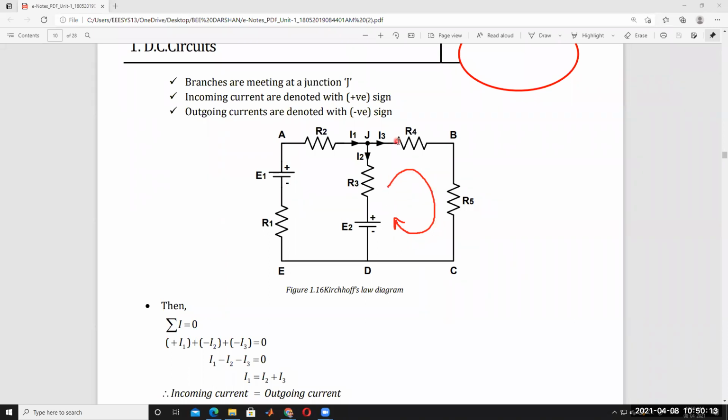So here the current direction and this loop current direction are both the same. That's why minus I3 into R4. And this circuit current direction and this current direction are the same sign. That's why minus I3 into R5. Understand? Minus I3 into R4, minus I3 into R5, and then enters the negative terminal.